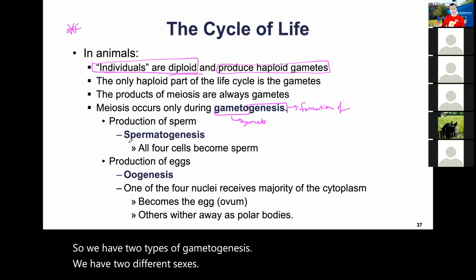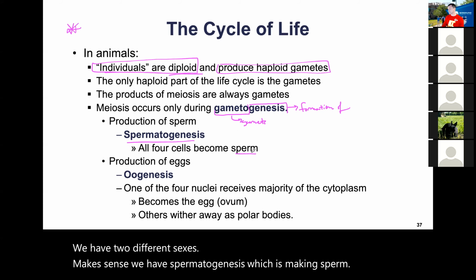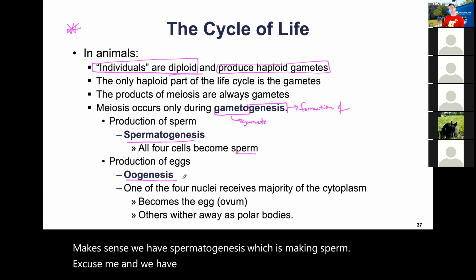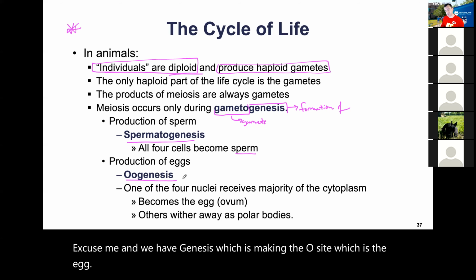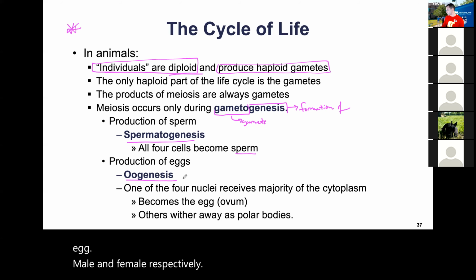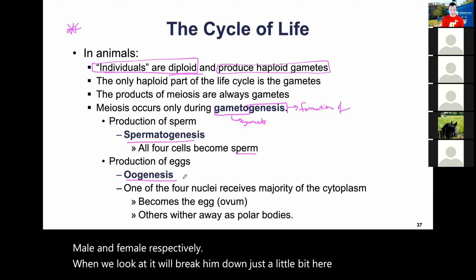Makes sense. We have spermatogenesis, which is making sperm. And we have oogenesis, which is making the oocyte, which is the egg. Male and female, respectively. We'll break them down just a little bit here. We won't dive into it too hard.